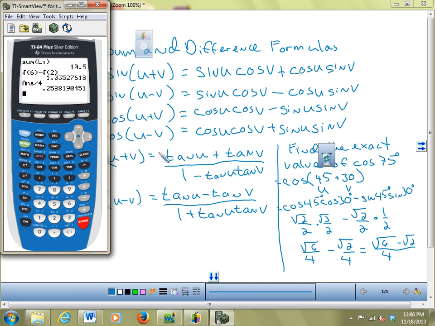Now I have to change the mode, because I think I'm in radians from last time. I'm going to go to degrees because I'm plugging in things in degrees. And if I want to find the cosine of 75, hopefully I did everything right, and I get the exact same thing. See? That's the way that works.